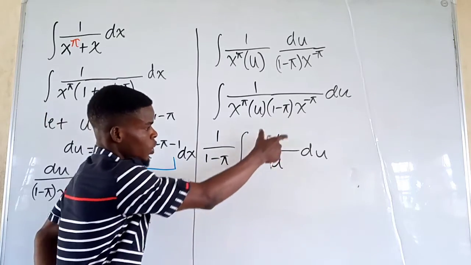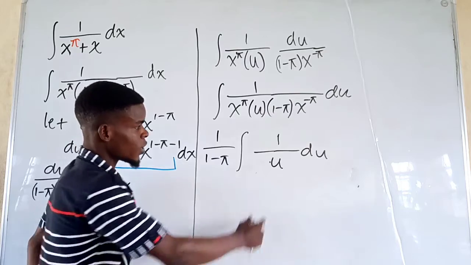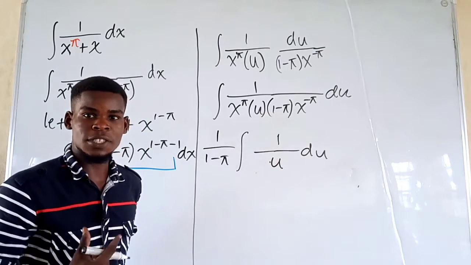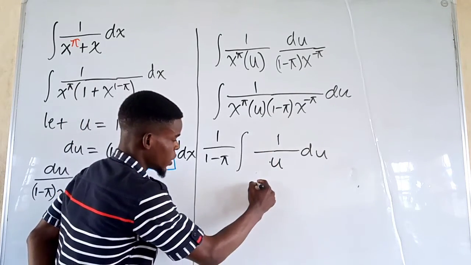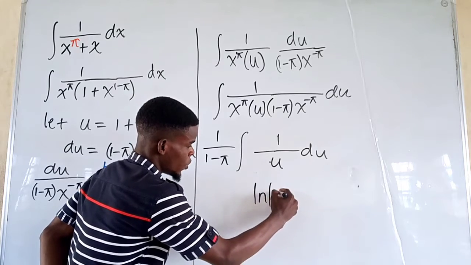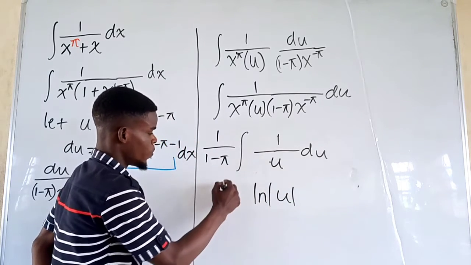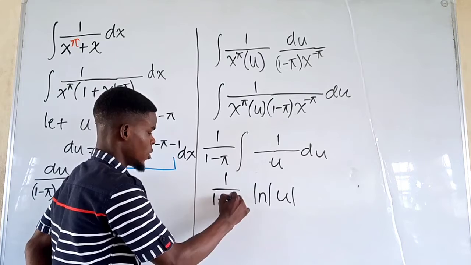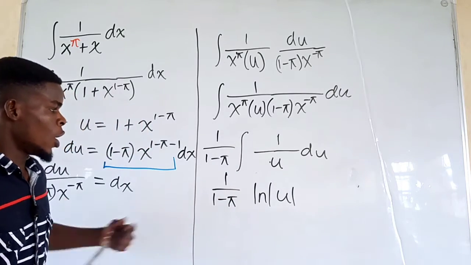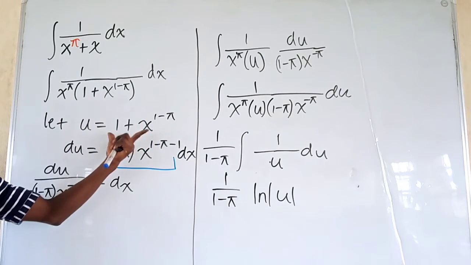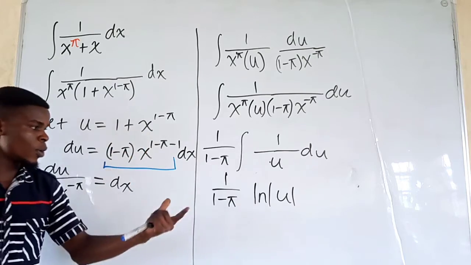Okay, great. So to integrate this, the antiderivative of 1 over u is just the natural logarithm of u. So I'm going to put down the natural logarithm of u, and then we put down this constant, 1 minus pi. Well, u is 1 plus this, so we're just going to do a backward substitution.